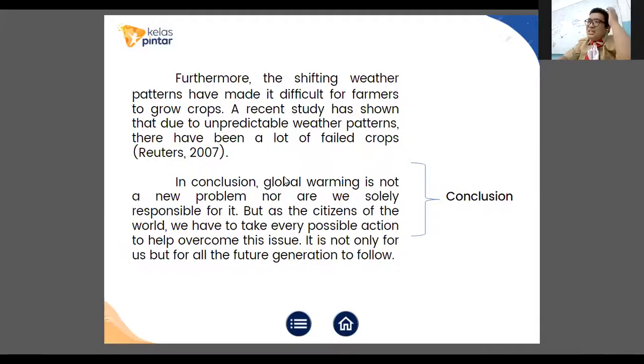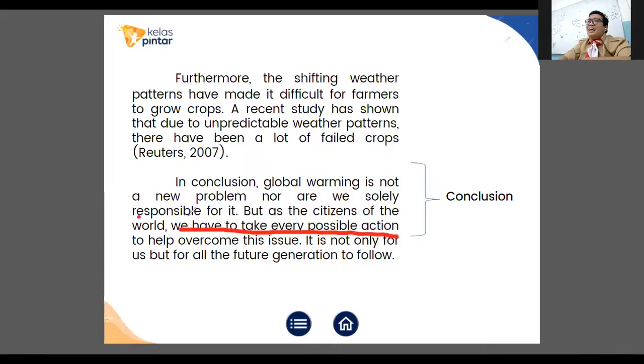And in conclusion, it is the main point. Ini adalah poin penentunya. In conclusion, we are responsible for it. So the writers persuade, penulisnya mengajak lagi. Kita bertanggung jawab loh untuk global warming ini. Gitu ya, we responsible for it. And we have to take action. We have to take action.